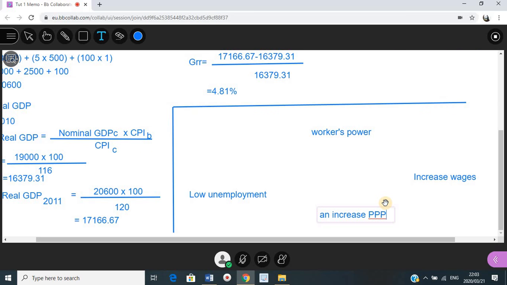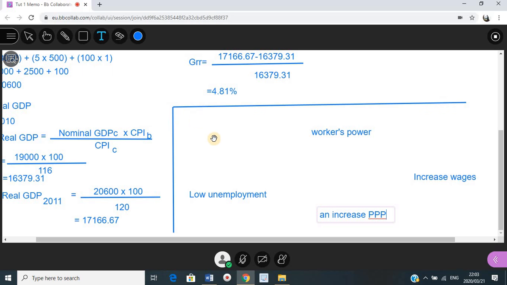If it is under pressure, the supply of those goods on the producer side is going to decrease. In other words, the demand is going to be greater than the supply of goods and services in the goods and services market. So due to this equilibrium between demand and supply of goods and services, the prices are more likely to increase.